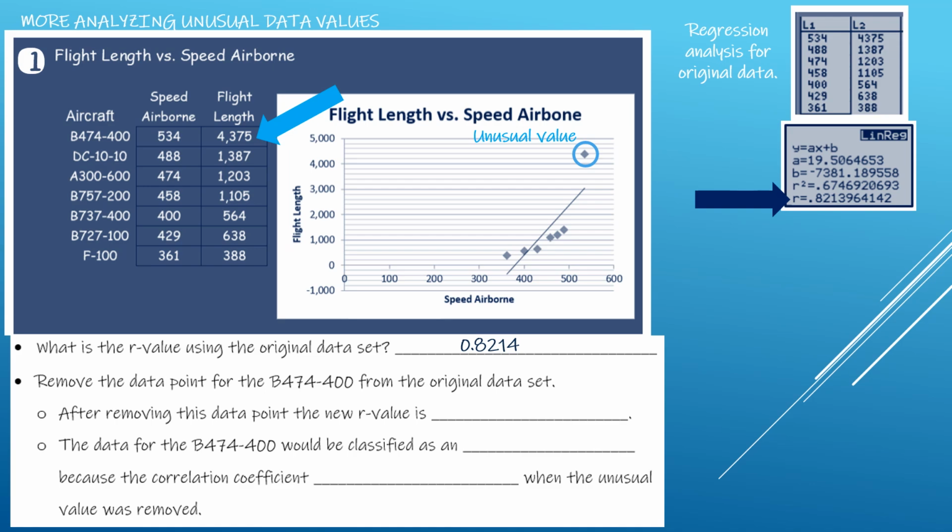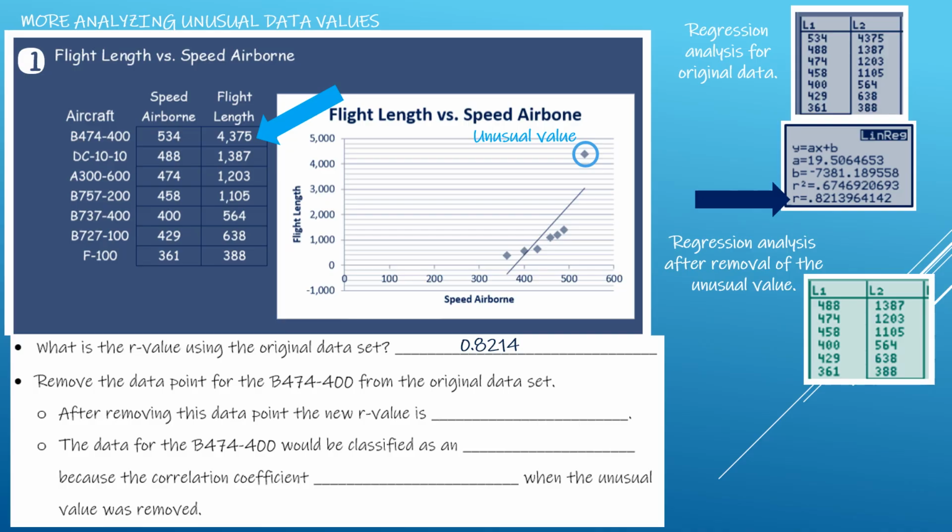Now remove that top 2 values. The X value is for the one that is very unusual. So we're taking out the 534. You can be on it and push delete. And then go over to the 4,375, be on that and push delete, and they should be gone.